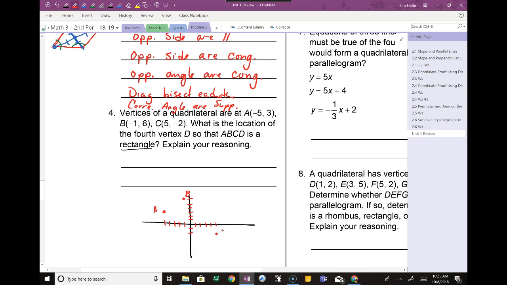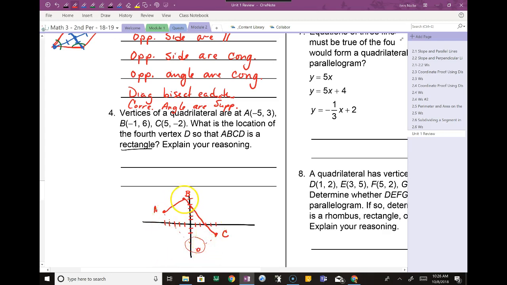So you can kind of fill this out. I really feel like my fourth point is going to land right over here. You can see this rectangle playing out right about there. So I'm trying to find this point, and I'm going to use my slope to find it. If I go from B to C, I know that this other opposite line has to have that same slope.